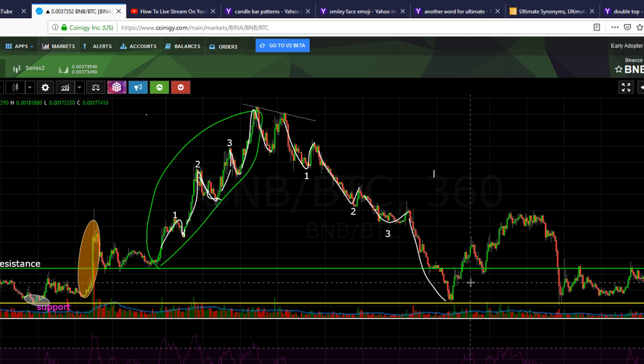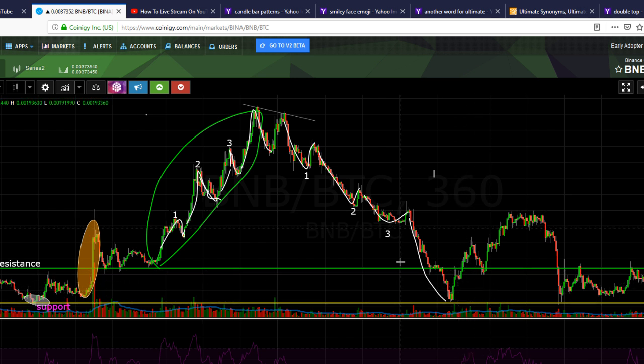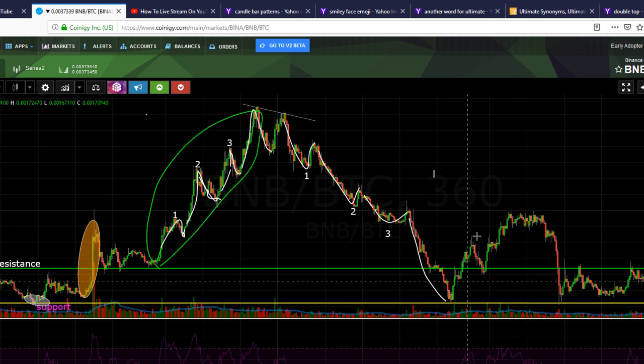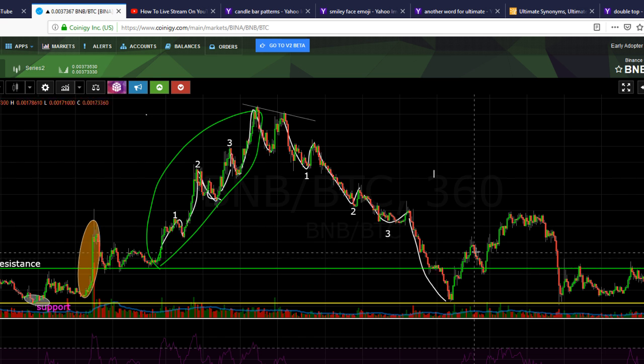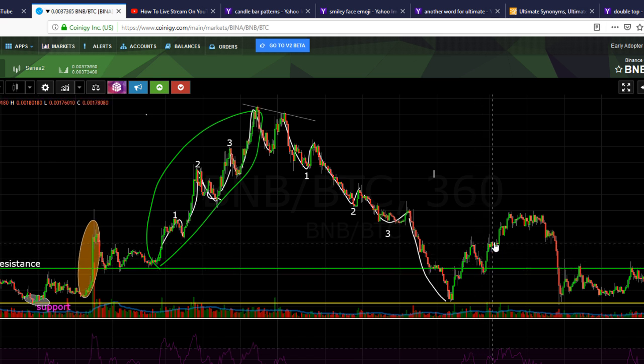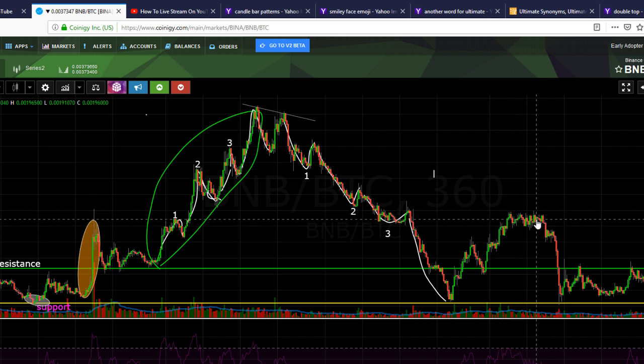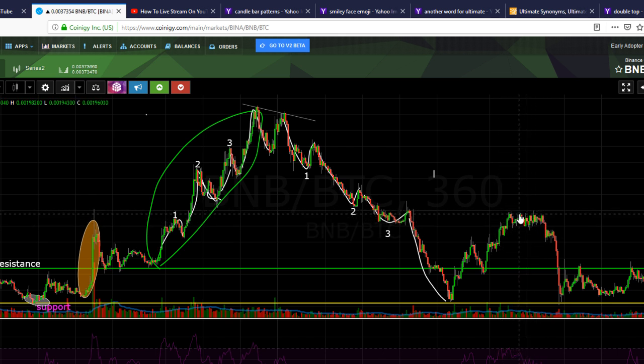So now the whales jump in and say, we're going to take control back, and they spike the price action above this support, now turned resistance. And we have a test here, and we traded above this for some time. But as you guys can see, we weren't able to surpass this wavelength.